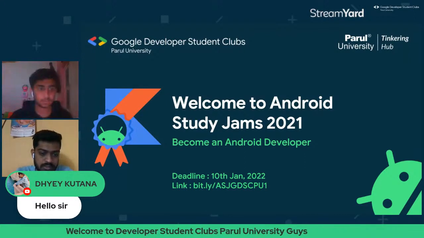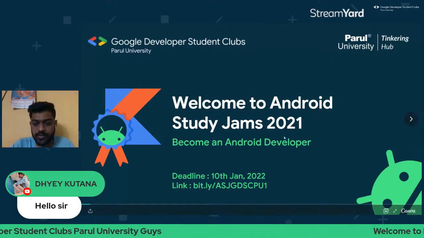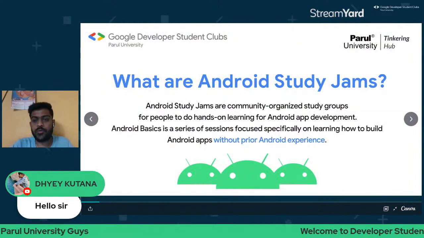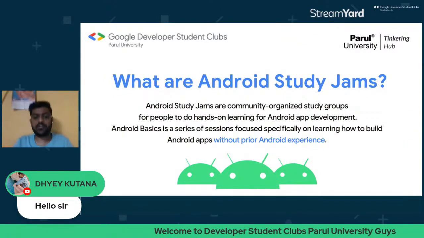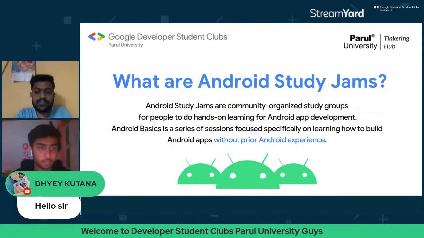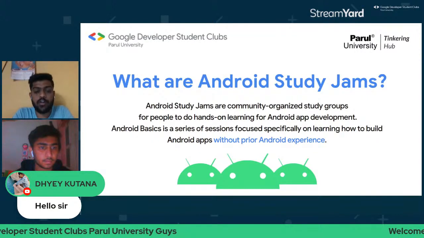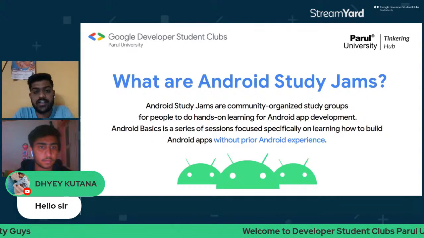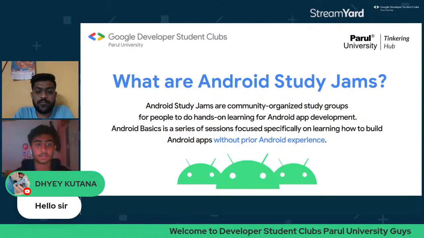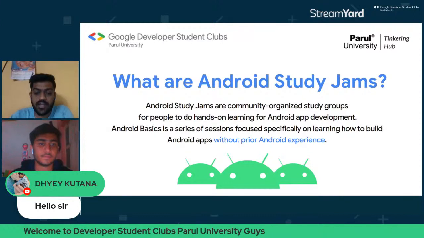So now, what will we be doing in the Android Study Jam? What are the Android study jams? Android study jams are community organized student groups for people to do hands-on learning for Android app development. It's a series of sessions that focus especially on learning how to build Android apps without any prior Android experience.